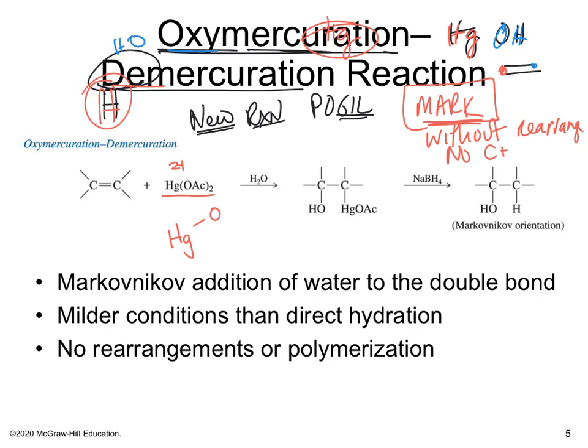The acetate is this compound here, and it's kind of more like a negative and a positive. It's a metal, so it's an ionic bond rather than a covalent bond. Actually, that's not true. You can think of it like that, but mercury's kind of big. We'll make it a covalent bond. It's not one of those hard metals.